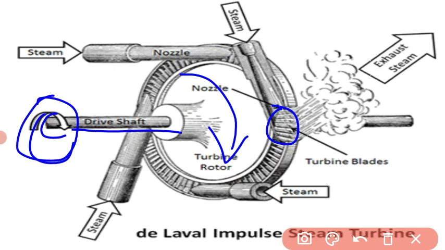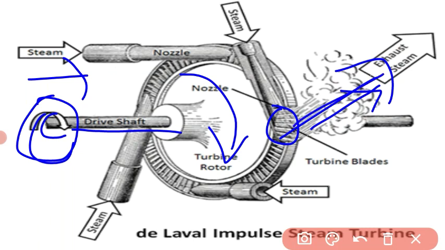This drive shaft is coupled to the alternator, and the alternator receives mechanical power and generates electrical power. Finally there is the exhaust steam. Steam enters, and after developing the mechanical power it leaves and goes to the exhaust.